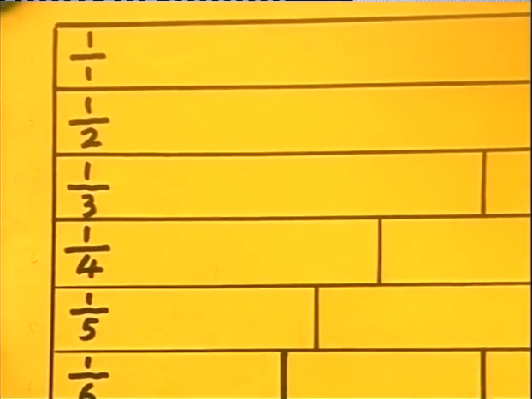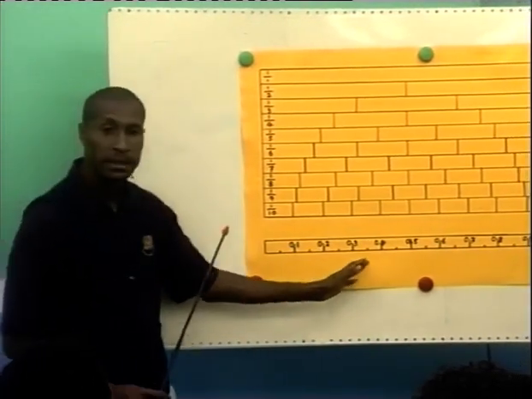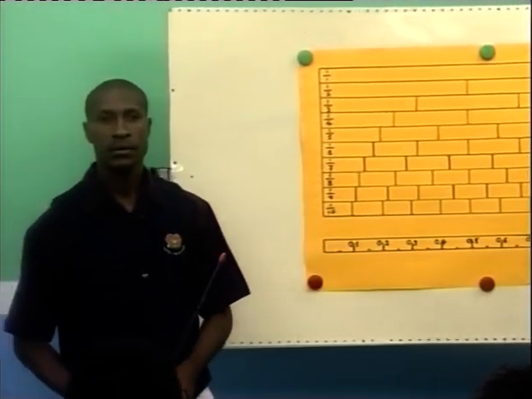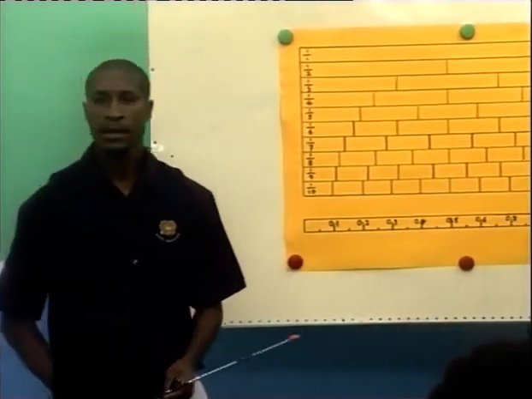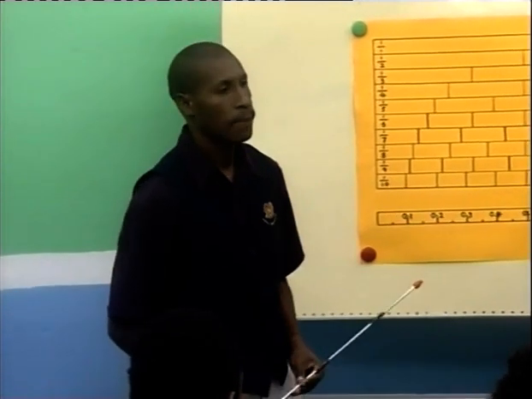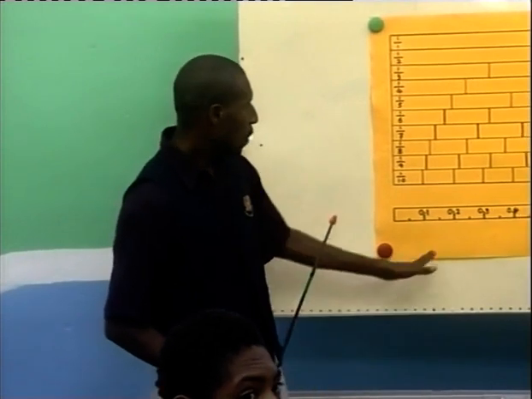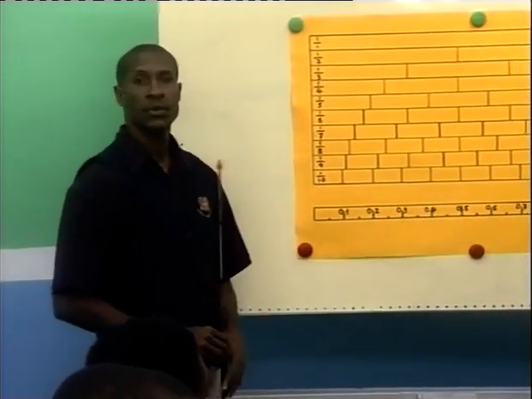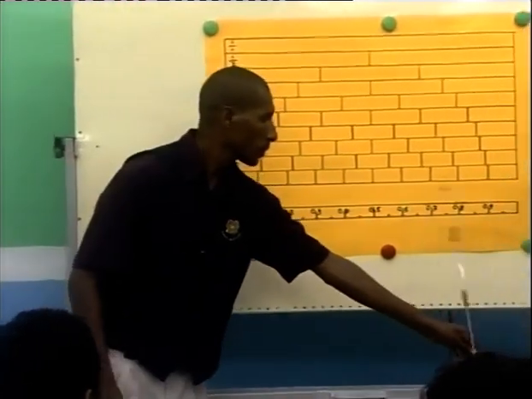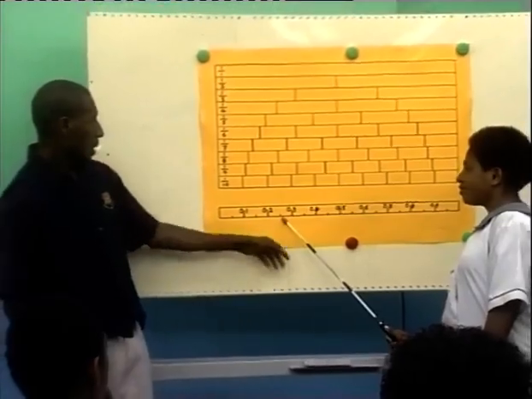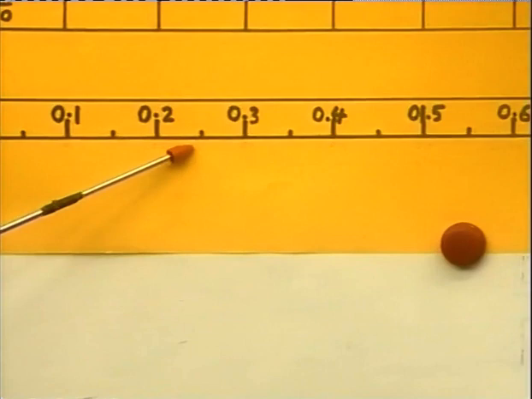Can someone come to the front and tell me where 0.25 is on this number line? Let's have Rachel. Rachel, on this number line, can you show where 0.25 is? Very good. Class, is this 0.25?